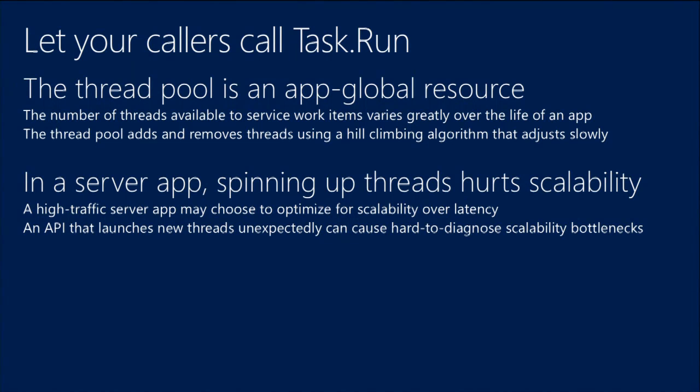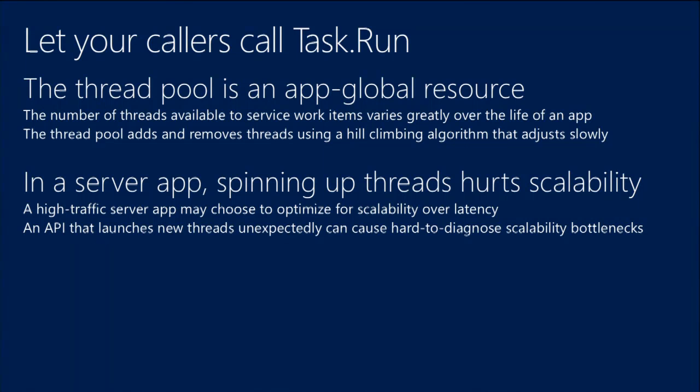So what that means basically is that in general, unless you're doing something special, some library that explicitly has something to do with background threads, if you're just doing a general library, you should not be doing task.run yourselves. You should be letting your callers do task.run.